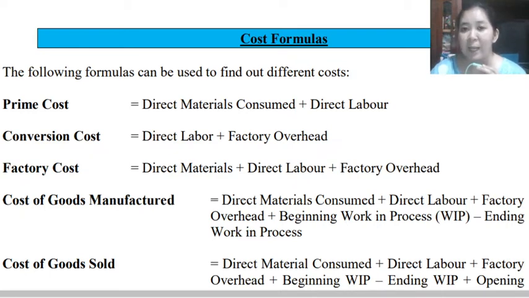So that's why we deduct any ending work in process, to determine the actual number of units that were produced and are still not completed during the period. That is the reason why we add the beginning work in process and deduct your ending work in process.